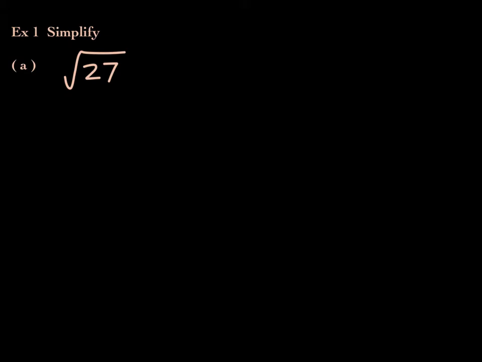Now, the way we're going to simplify the square root of 27 is by using the product rule. We're going to rewrite 27, which is the radicand, as a product of two factors, where one of the factors is a perfect square. Now, we can rewrite 27 as 9 times 3, and the beautiful thing here is that 9 is a perfect square.